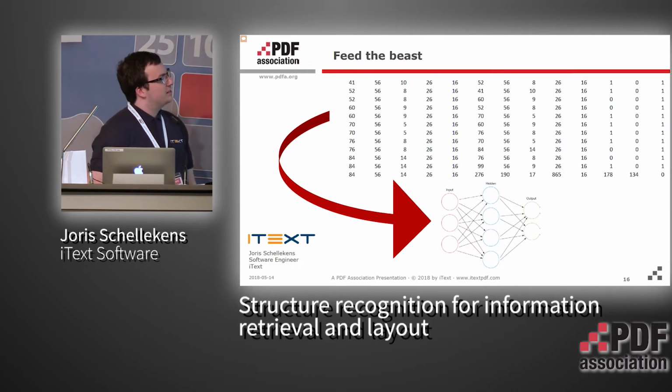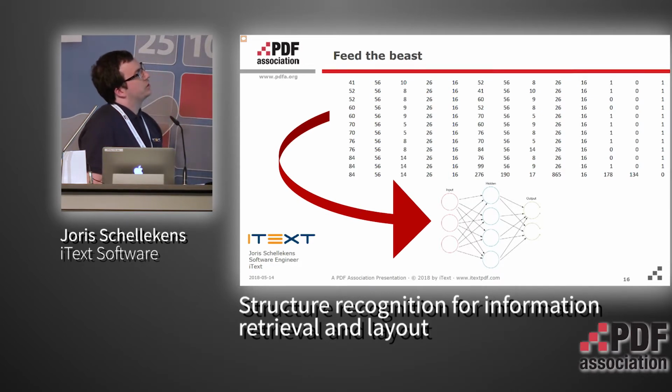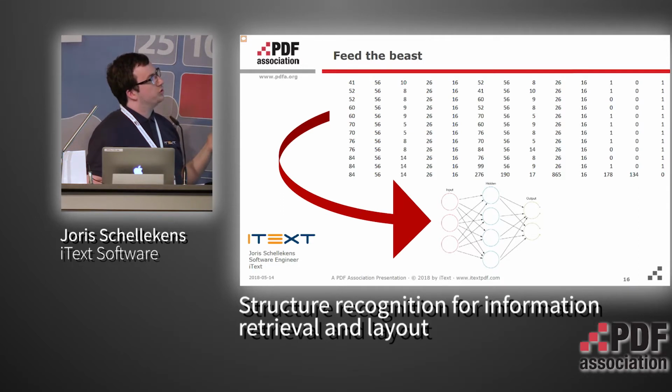So now that we've done that, we can feed the neural network. What you see here is an actual example of the parameters that I said earlier. So each row represents a data entry in a document, and the columns are X and Y coordinate, width and height, font size, and then a repeat for the second character, and then the X and Y difference, and the 1 and 0 in the end, whether or not it should be merged.